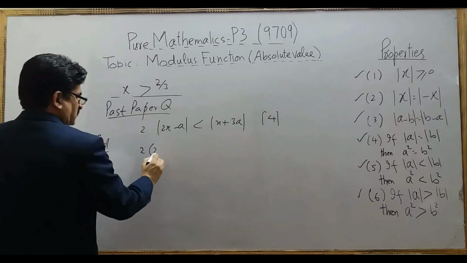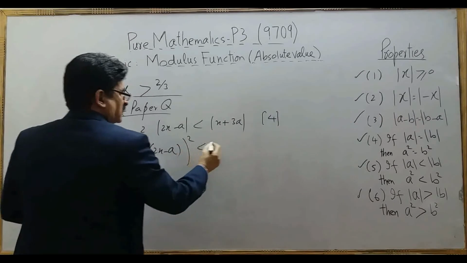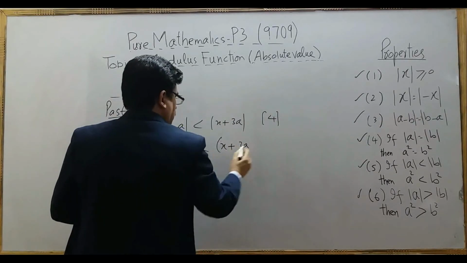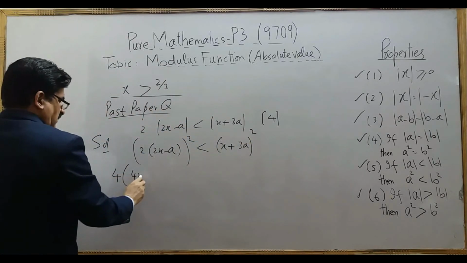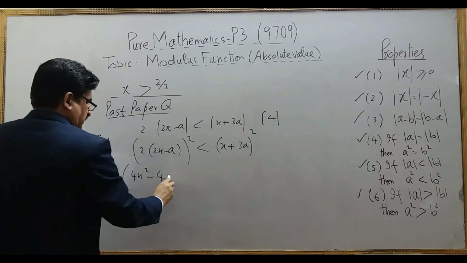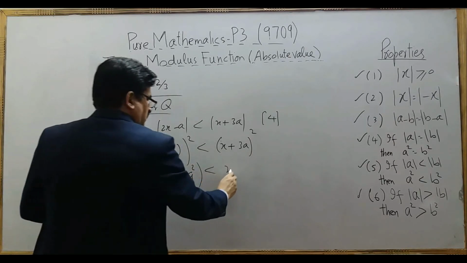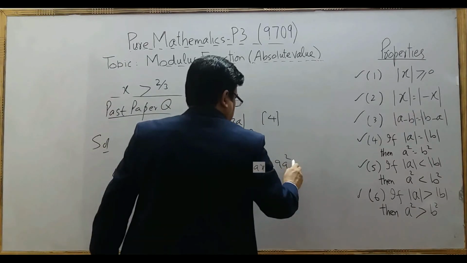Now squaring both sides. Here you have another constant a. Squaring both sides. So simplifying, you will get 4x square minus 4ax plus a square. Here you have x square plus 6a plus 9a square.